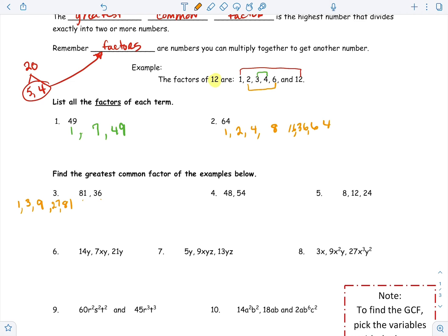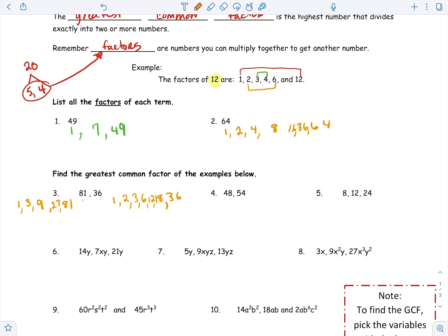And there we have it. For 36, that would be 1 and 36, of course. 2 times 18. 3 times 12. And then finally 6.